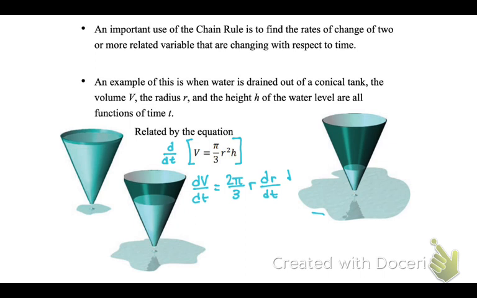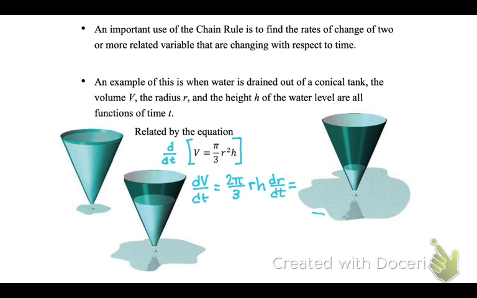I was trying to pull a shortcut, what did I do? I did not do my product rule. So we would have r h dr/dt, right?